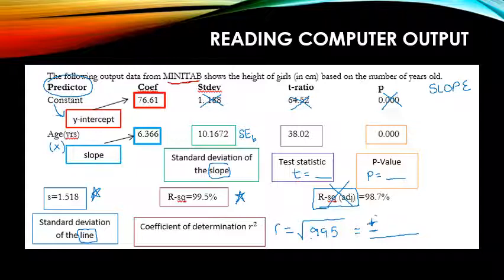This r squared is always going to be positive, because anytime you square something, you get something positive. But when I take the square root of it, I have to decide whether it is the positive or the negative, and I go back to my slope to determine that.